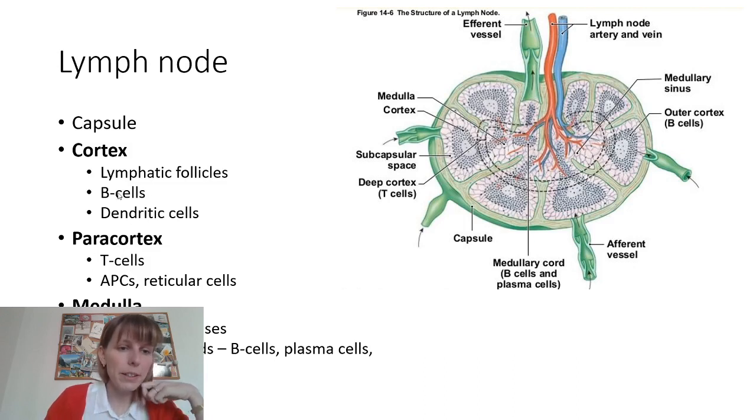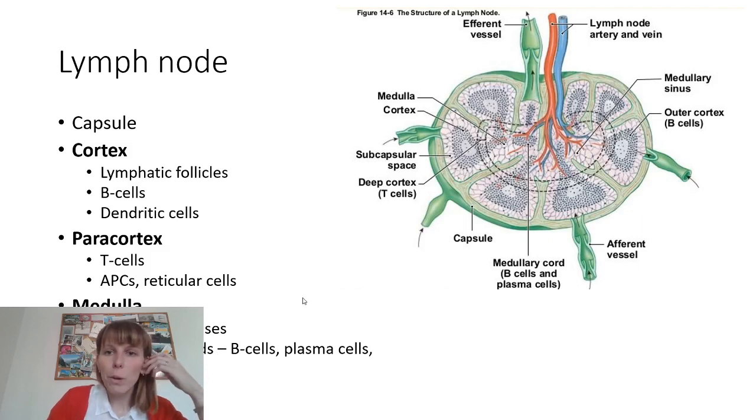So B cells are always in the lymphatic follicles. This will be always the same. T cells will have different localization, and in the medulla we will have medullary sinuses and medullary cords. So we will get to that.